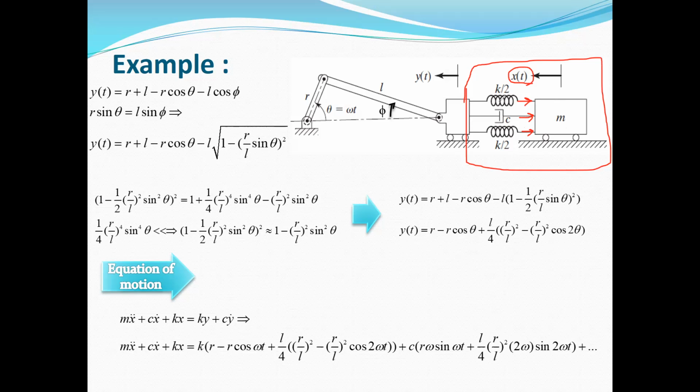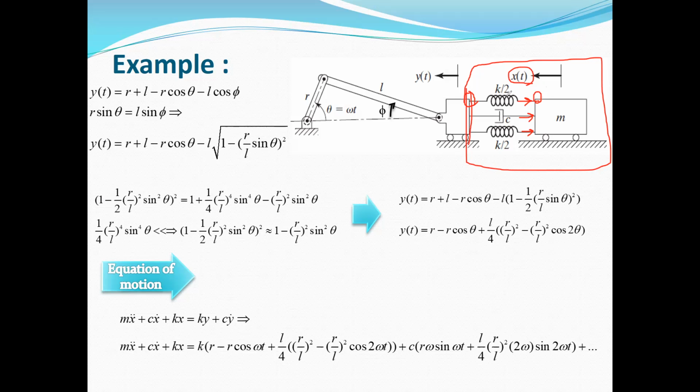So we will have k times, because both edges of the spring and damper are moving, the force in the spring is equal to the stiffness multiplied by the difference between the deflection of the two edges. One edge has the deflection of xt, and the other edge has the deflection of yt.